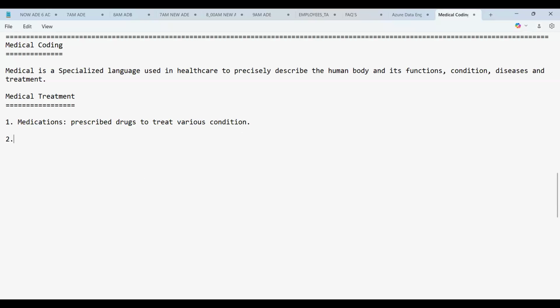And what is the second kind of treatment, guys? Surgery. The second kind of treatment is surgery. What is surgery?